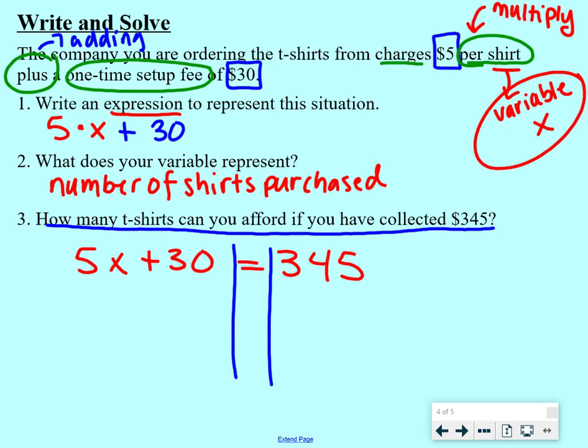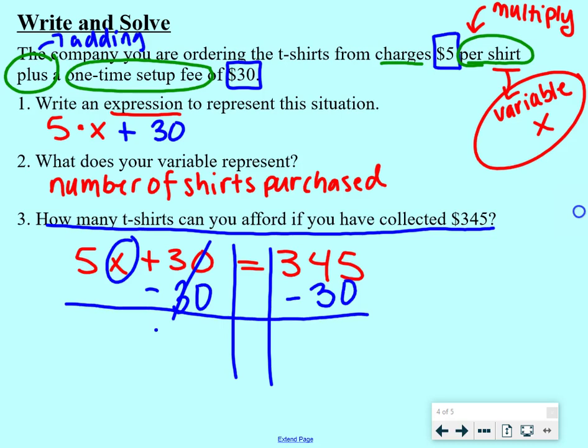Draw your railroad track. Find your variable. Step 1, undo addition and subtraction. We're going to undo this plus 30 with a minus 30 on both sides of the equal sign. Bring down that 5x. 5x equals 345 minus 30 is 315. Last step, undo multiplication and division.